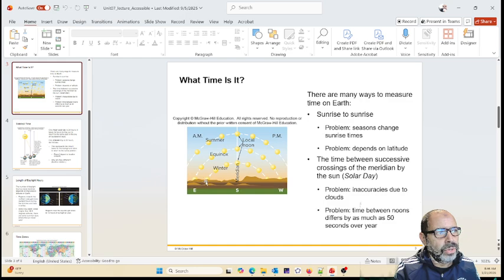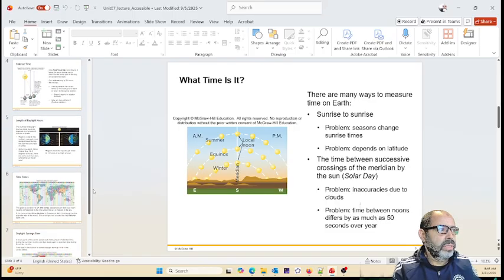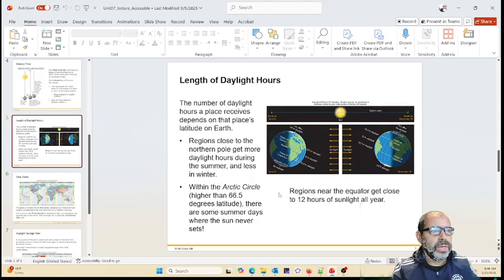Not at this point, which happened way back in December, and not at this point, which is going to happen sometime in March. So we're somewhere in between, and we're moving this way, until at some point around June 21st we're going to be at the extreme, the summer solstice. Okay, so that's the difference between daytime and nighttime.